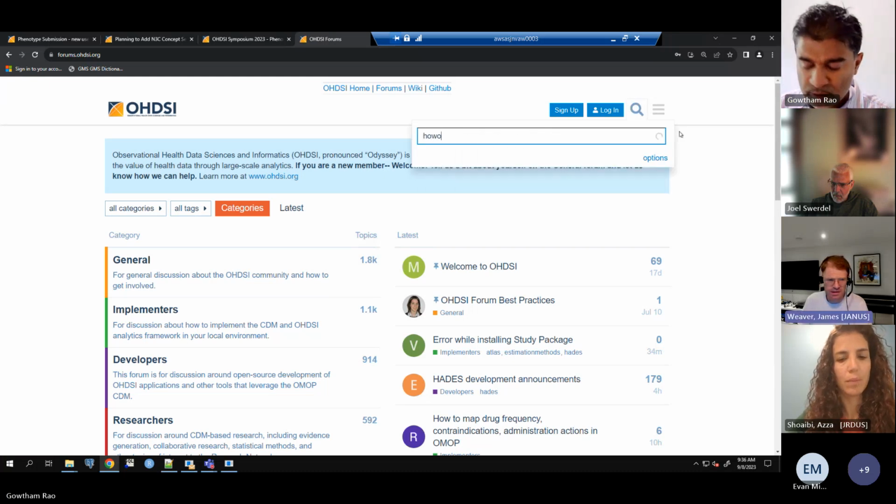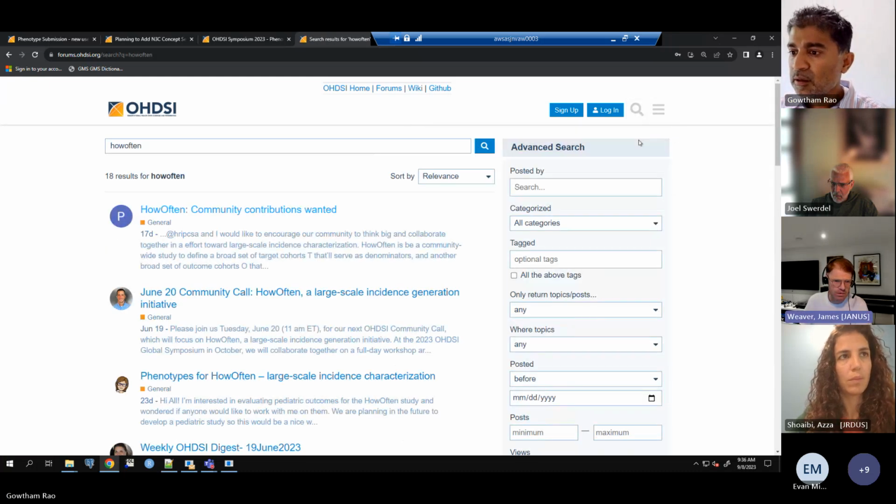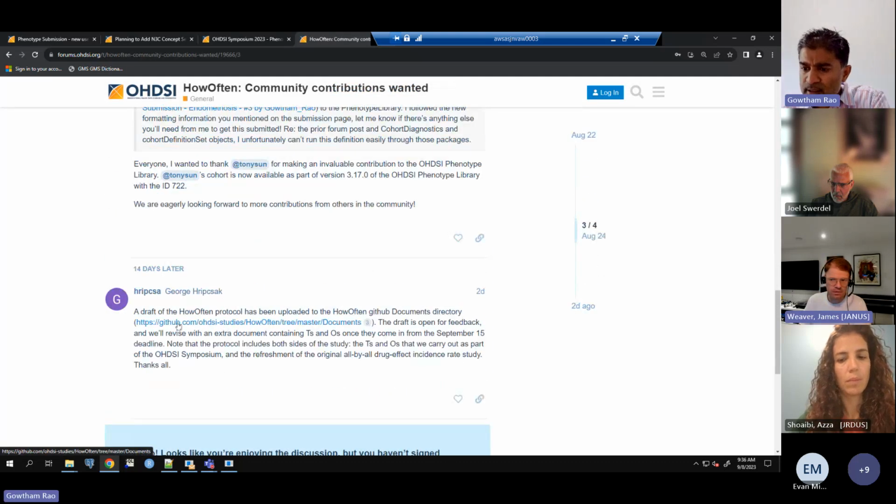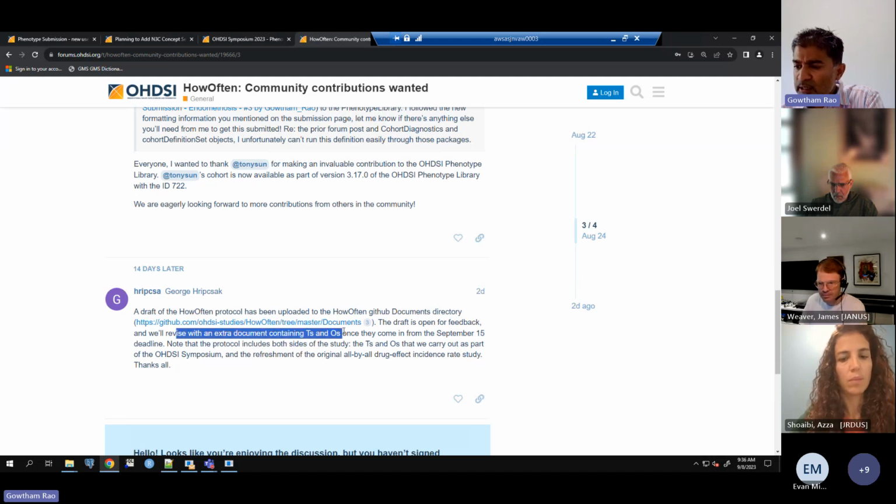I think it's in the OHDSI Studies GitHub repo, in the HowOften documents. Here, I'll try to find it right now. Here it is. So he's put it on a GitHub page, github.com/ohdsi-studies/HowOften. Yep. Draft is open for feedback, and we will revise an extra document containing TNOs.